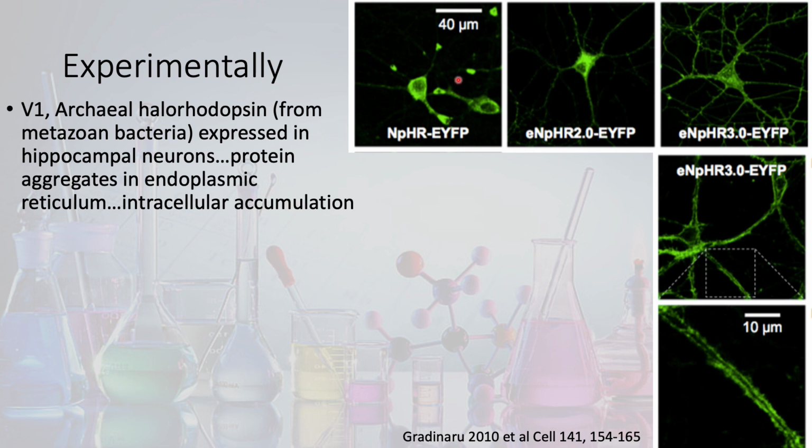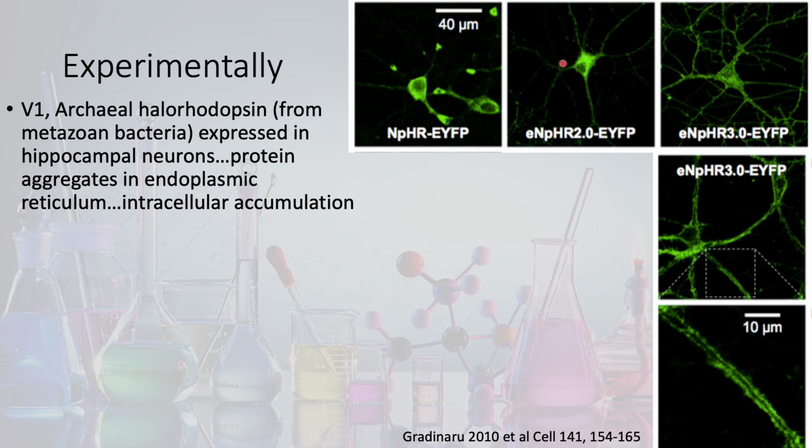So this protein that's supposed to allow chloride ions to transport from outside of the cell to inside of the cell isn't actually getting to the membrane in sufficient quantities to do its job. We have intracellular accumulation, and technically the protein is aggregating in the endoplasmic reticulum. So it's not even being processed or transported correctly.